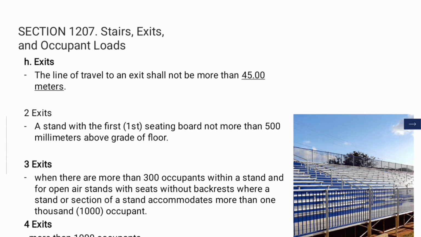Three exits are also required if there are more than 300 occupants in the stand, and for open air stands with seats without backrest, or a stand or section of a stand accommodates more than 1,000 occupants. And for 4 exits required, it should have more than 1,000 occupants.